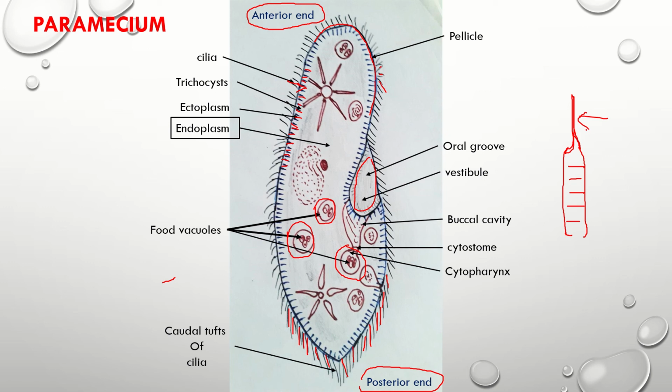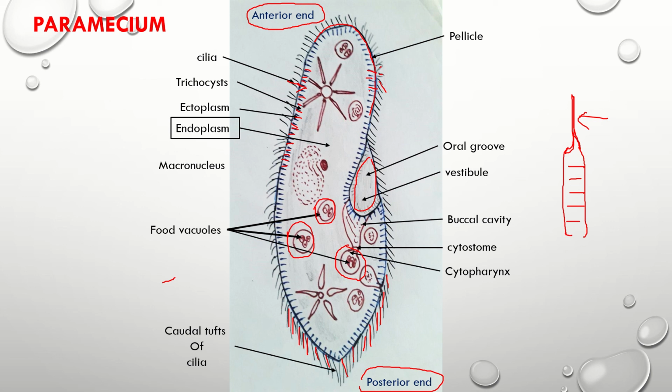It is believed that they can discharge and anchor the animal to a firm substratum when it feeds on bacteria. Others believe that these are organelles of defense.